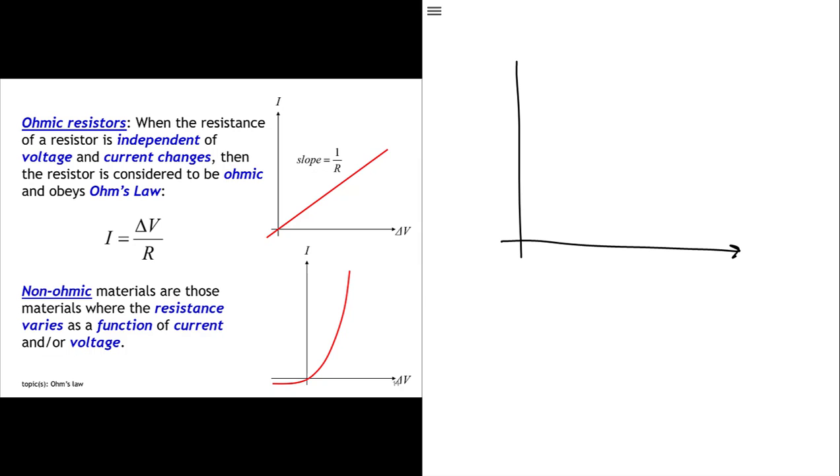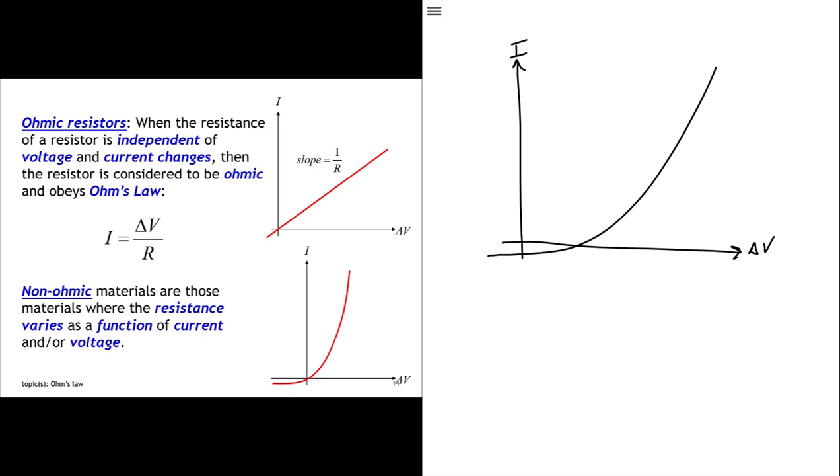So if we have a graph that represents some non-ohmic material that looks like this, we would see that the resistance varies with potential difference.